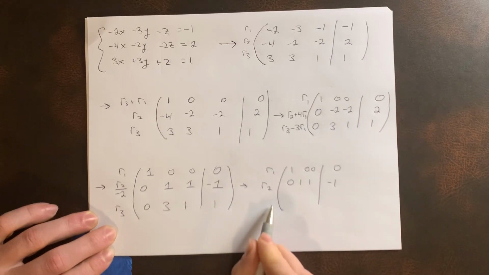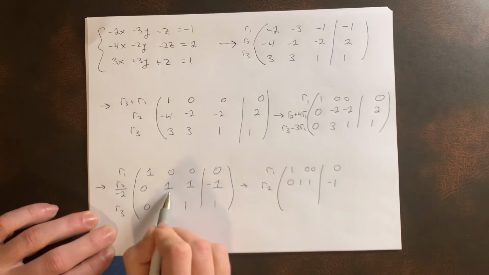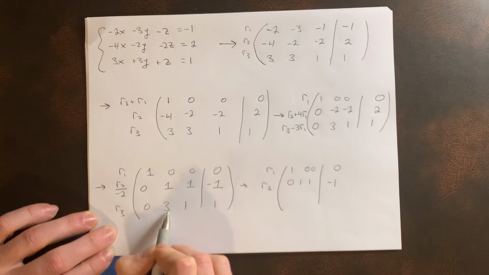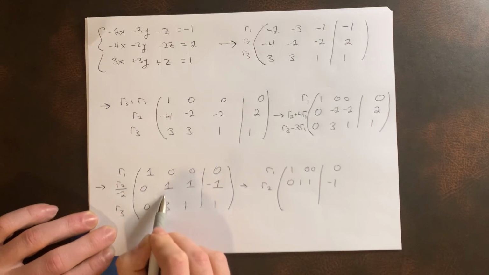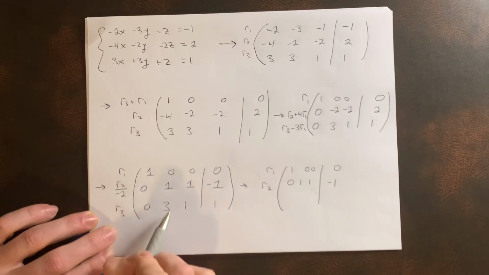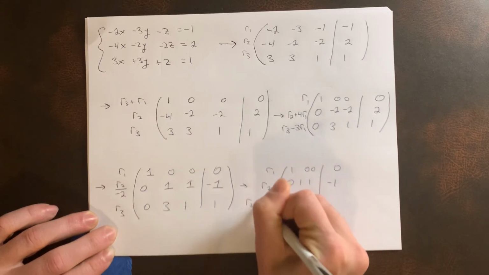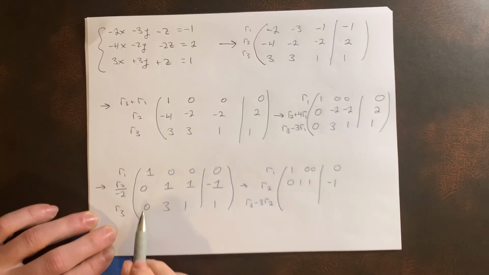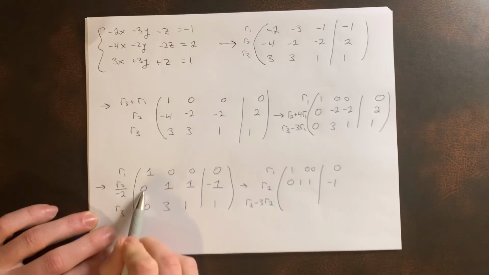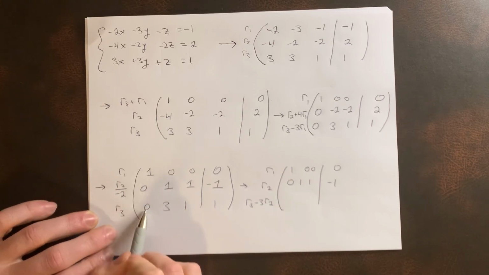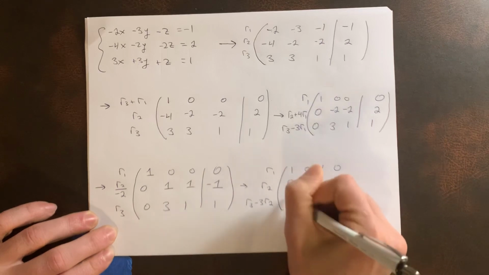And what we want to do for row 3 is we're going to take row 3 and subtract 3 of row 2, since then we would have 3 minus 3 of this, so 3 of 1, 3 minus 3, which is 0. So we're going to do row 3 minus 3 row 2. So here we're going to have row 3, 0 minus 3 of this, so 3 of 0, so we're going to have 0 minus 0, which is 0.